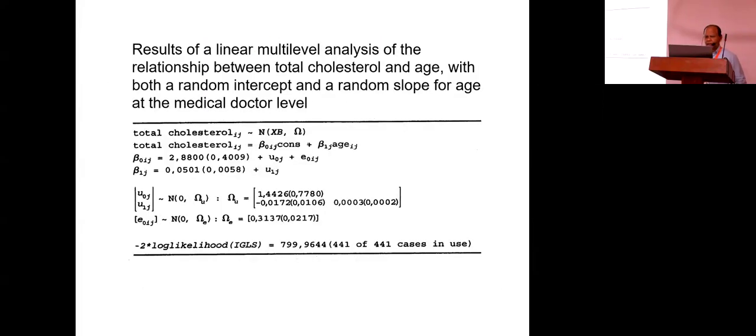Now let us look at the model. Why do I say this is a random intercept and random slope? Anybody would like to answer the question? Constant is meant for intercept. Constant is always meant for intercept.